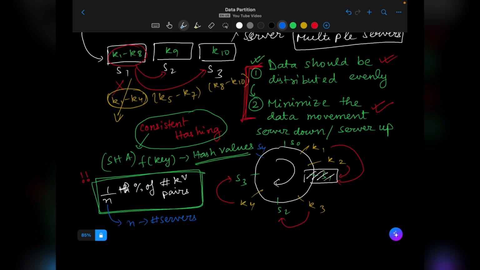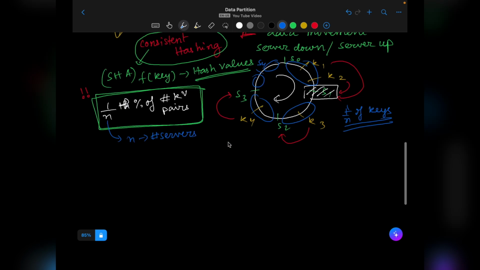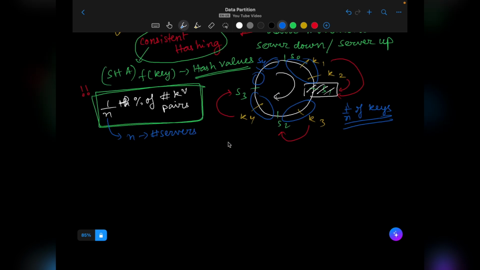So if I have 4 servers and I distribute the keys into n partitions, then 1/n of the total keys will be moved if any server is down or if any server is added. Using this architecture, this consistent hashing, we can achieve 2 things.